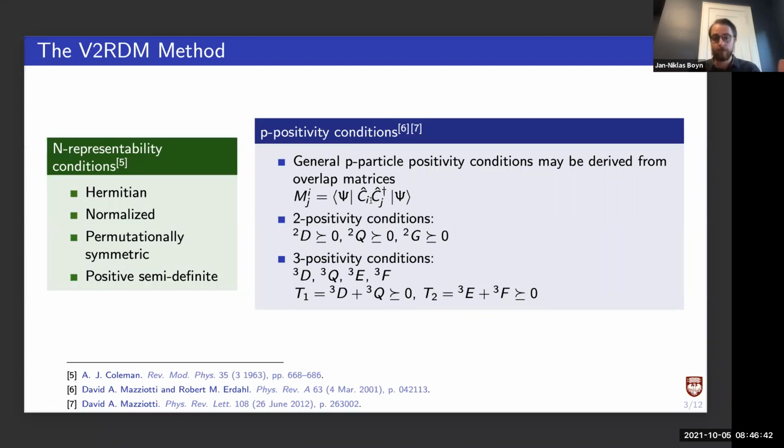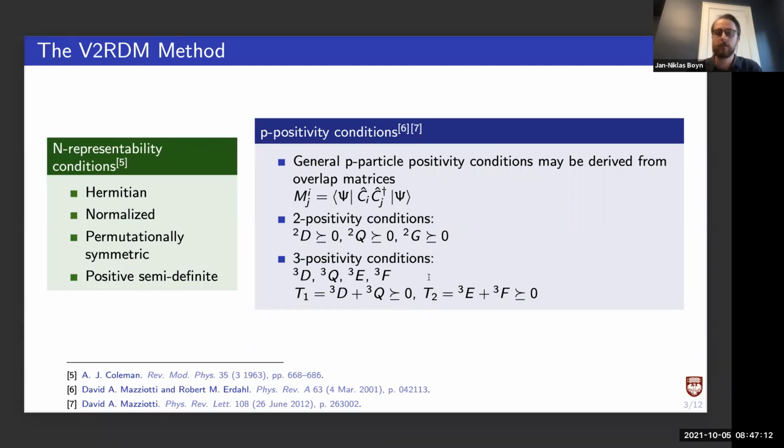However, we can form these 2 less strong subsets of the 3-positivity constraints called the T1 and the T2 constraints, which are just additions of two of these constraints. And the advantage of using these is that these can be enumerated just as simple functionals of the 2RDM only, and these don't actually contain any 3RDM terms. And these are also commonly implemented in our program.